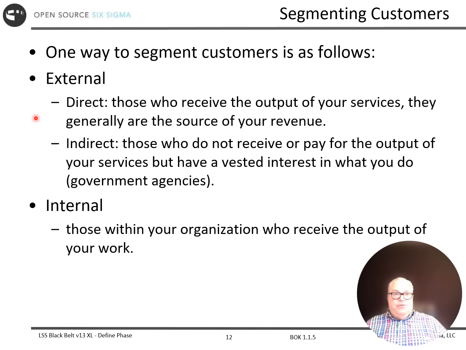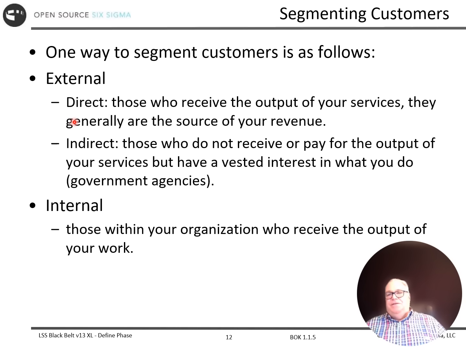Especially in the auto industry where I work, we have external customers, so we deliver to dealerships and to the customer that pays for a vehicle. But we also have government agencies. The Department of Transportation tells you what a tire must do. The EPA tells us how many miles per gallon and how much carbon a vehicle can produce. So when we look at a project, which of these customers are we trying to satisfy?